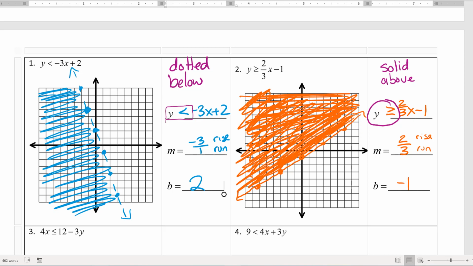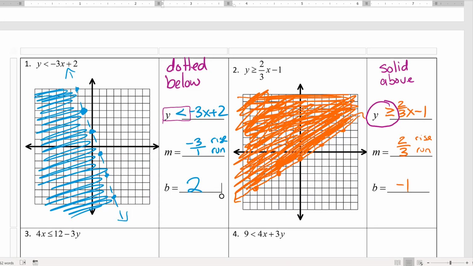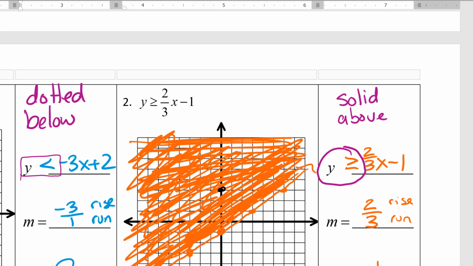If you are unsure, we could try one. Pick any point here. The point I picked was 0, 3, so 0 is my x and 3 is my y. If I plug that in just to check, I have 3 is greater than or equal to 2/3 times 0 minus 1. And 2/3 times 0 is 0, and 0 minus 1 is -1.